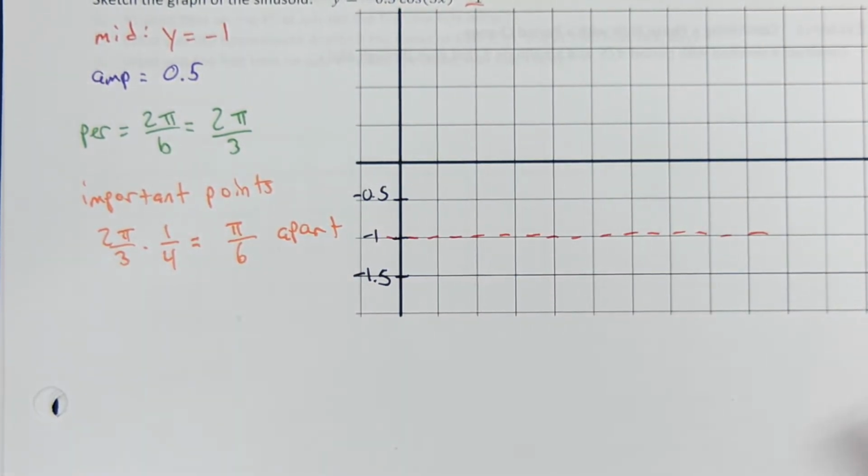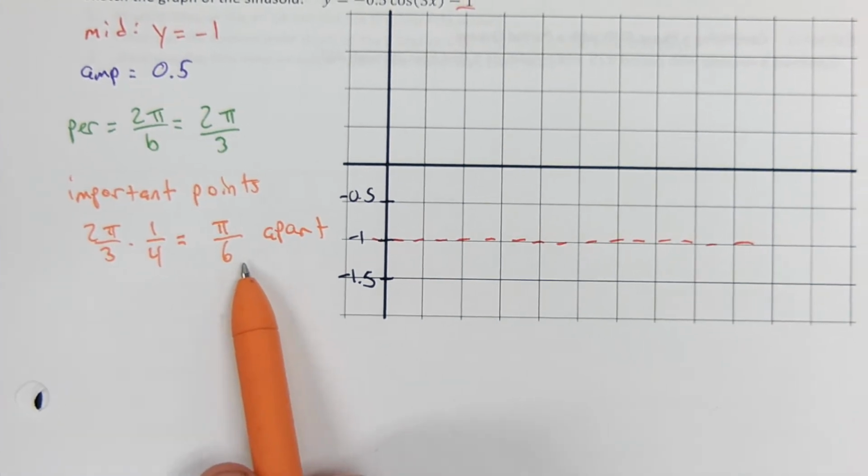And since we don't have a phase shift and this graph is going to start on the y-axis, I could just go by pi over 6s for my scale. And I'm trying to get all the way up to 4 pi over 3. I am going to stretch it out a little bit though, just because I have all the space. I mean, why not, right?